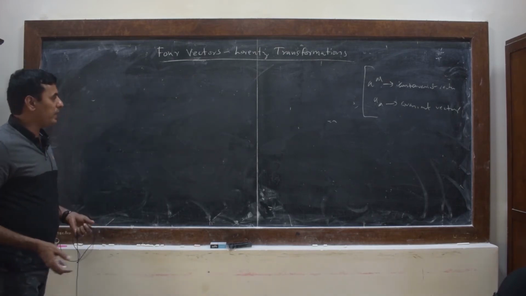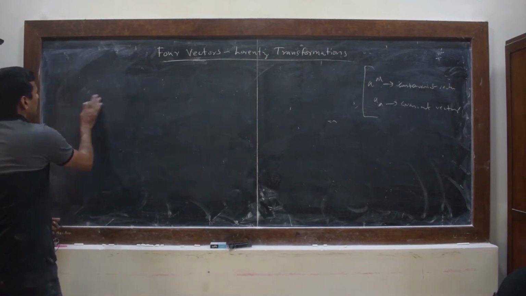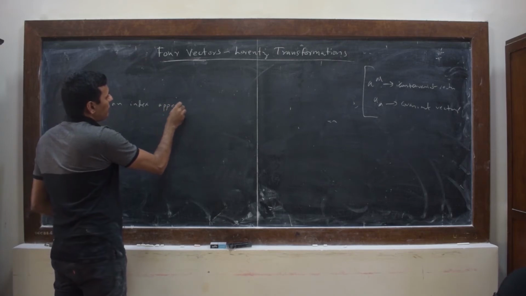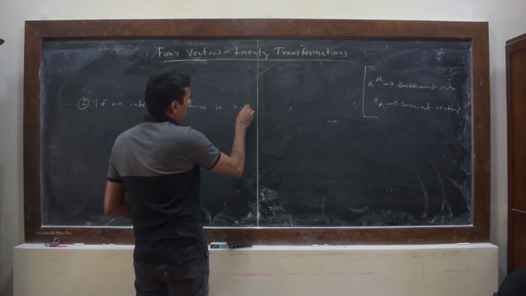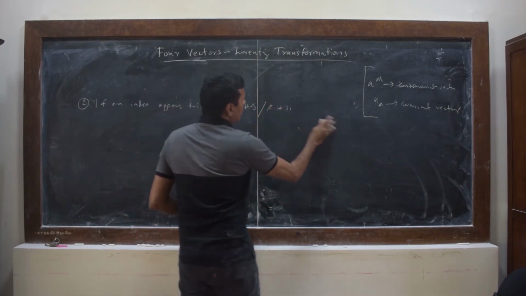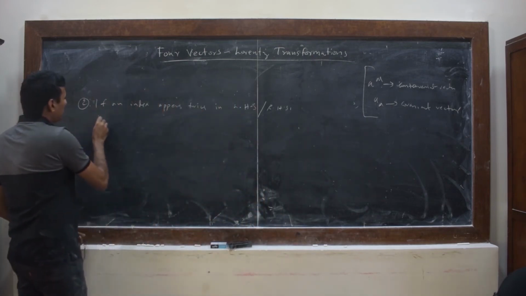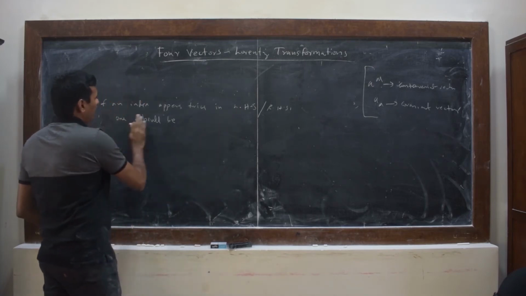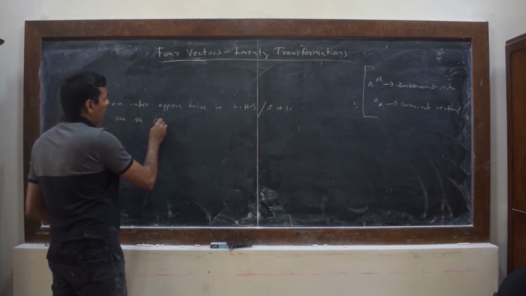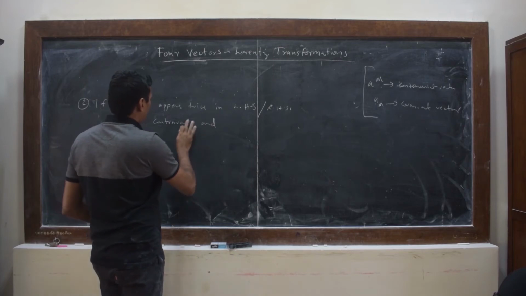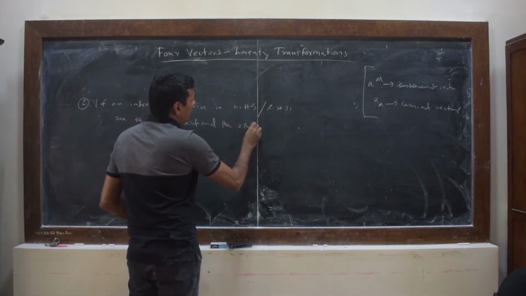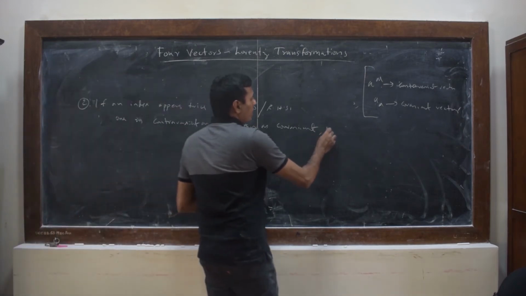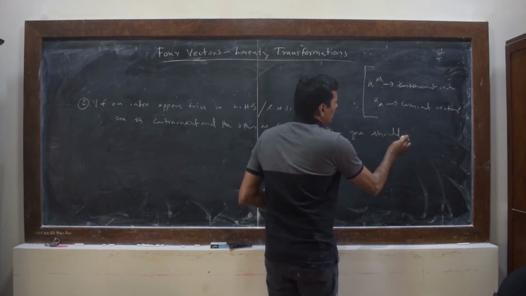Here the difference is that if an index appears twice on the RHS, one as contravariant and the other as covariant, then you should sum over that index.